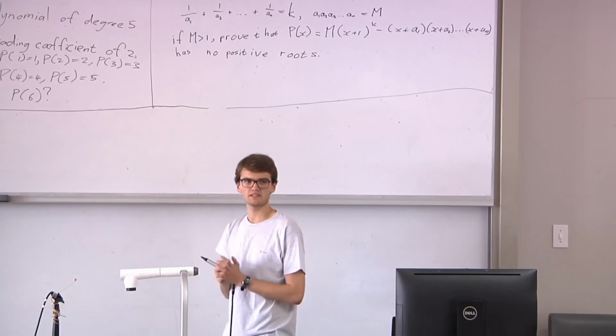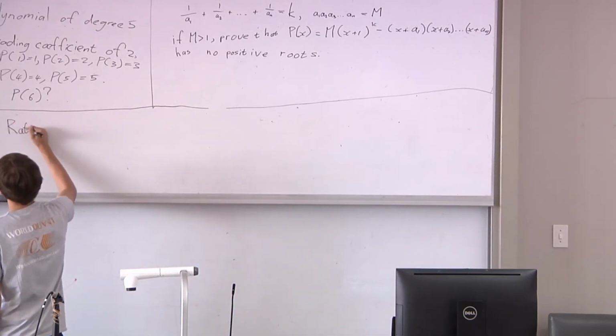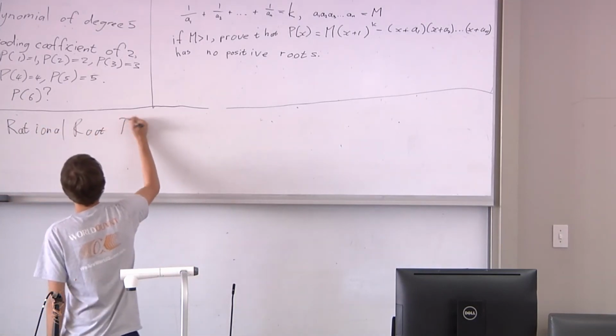Rational roots are a lot easier to find because there's something called the rational root theorem.